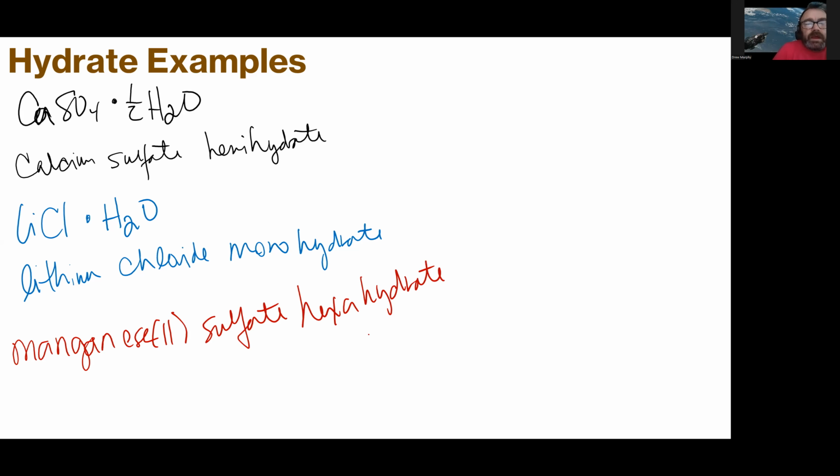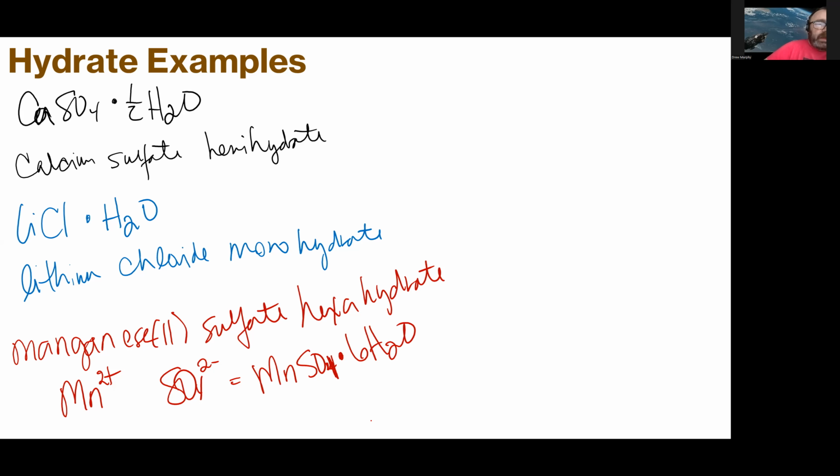Okay, we're going to have to figure out these ions as we go. Manganese 2, this tells us Mn2 plus. Sulfate, if we remember, is SO4 2 minus. Okay, that's not too terrible. So this is MnSO4 dot hexahydrate. Hexa means 6, hydrate means water, so 6 waters.